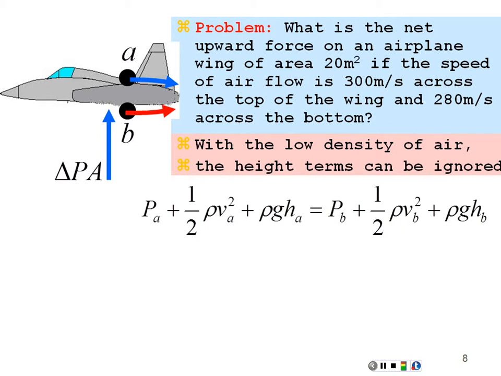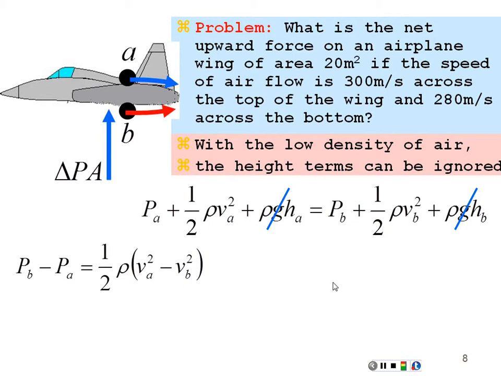The pressure terms and the velocity terms are squared, so they are much bigger than the rho gh terms, and the rho gh terms are almost the same anyway, so for all practical purposes we can ignore them.